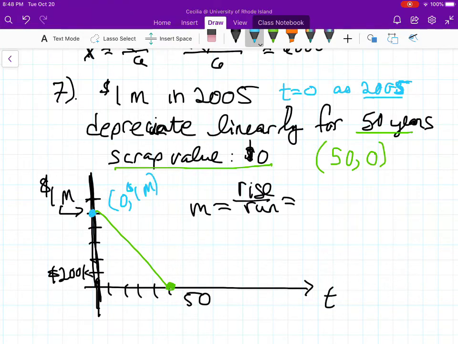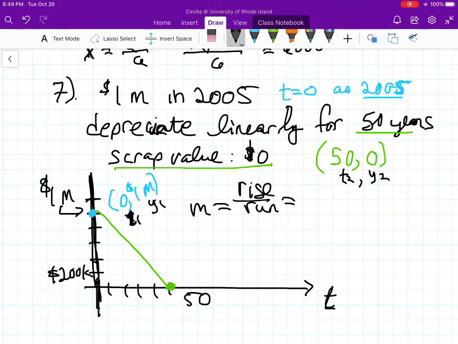Remember that the point of the intersection is the coordinate pair 0 and 1 million. And we can associate that with x1 and y1. And we can associate the second point with t2 and y2, because it's a time. So instead of calling it x1, let's call it t1.